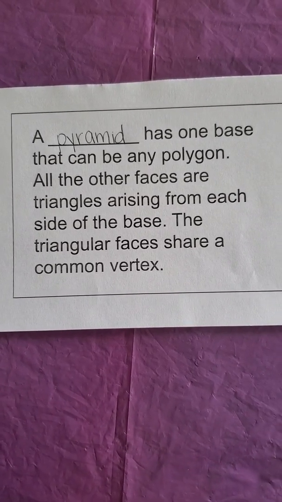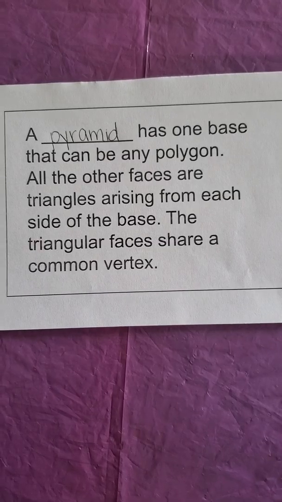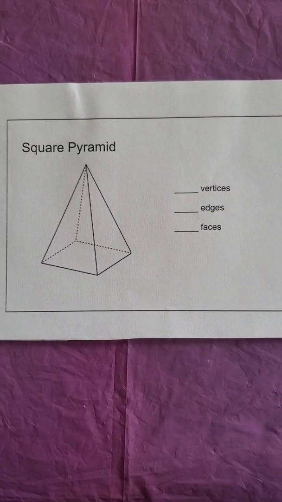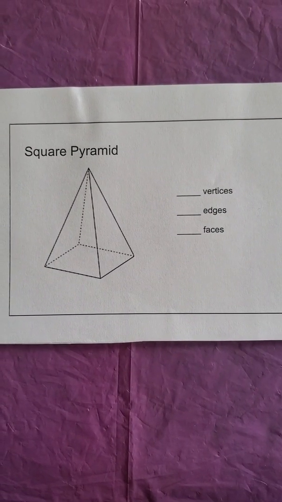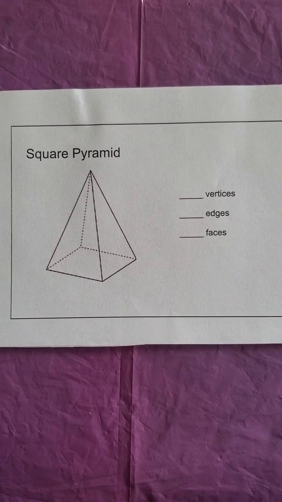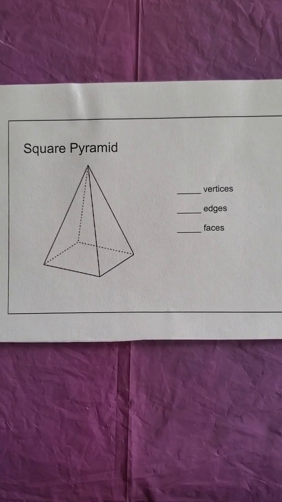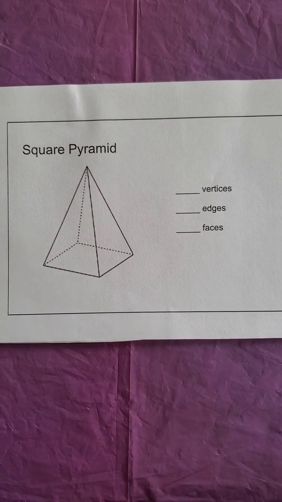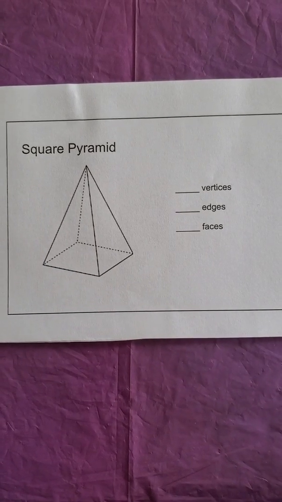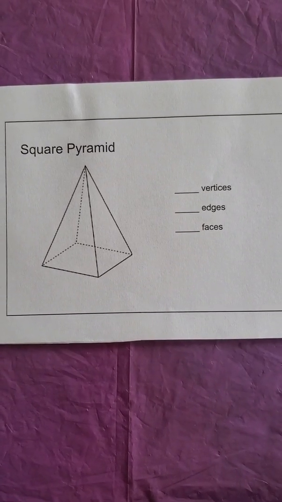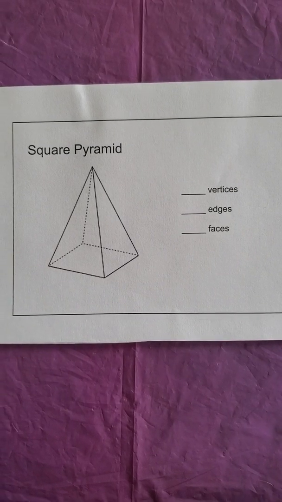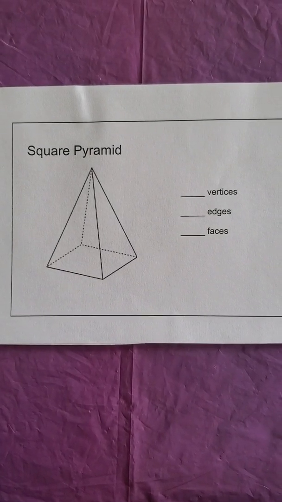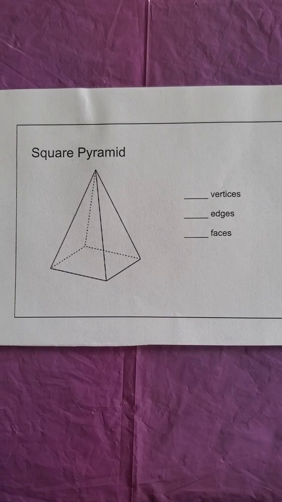Let's take a look at some pyramids. I believe most of you are familiar with what a pyramid is, but remember that a pyramid can have different polygon or shapes as their base or bottom. In this pyramid, it's known as a square pyramid because the base of this pyramid is the shape of a square.